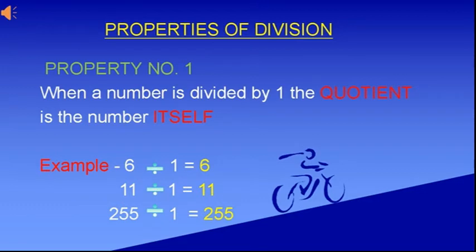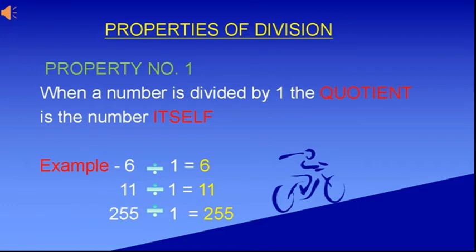Now let us discuss a few properties of division. Property number 1. If we divide a number by 1, the quotient is the number itself. In other words, when any number is divided by 1, we always get the number itself as the quotient.